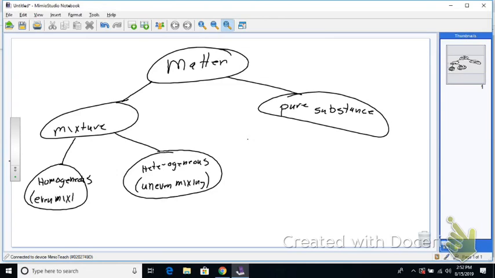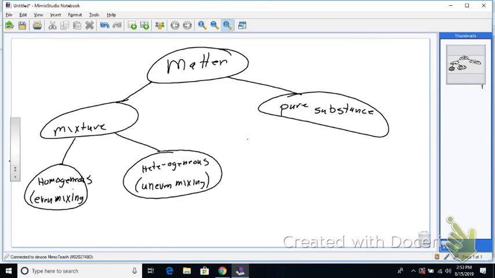If it's evenly mixed, then we know it's got the same distribution of the particles throughout. It's evenly distributed equally. So this room is not considered an even distribution. These desks might be a little bit closer to that, but even these desks are probably not an even distribution.